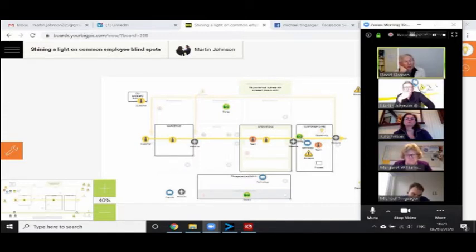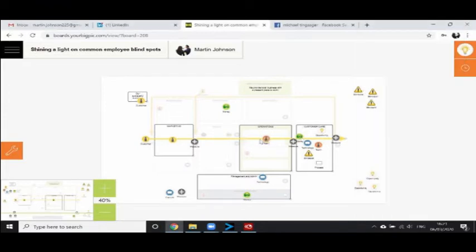And what pops into my mind as well, and I don't know if it's relevant here, is what are the roles and responsibilities of the people, and what is the customer care team going to suggest?